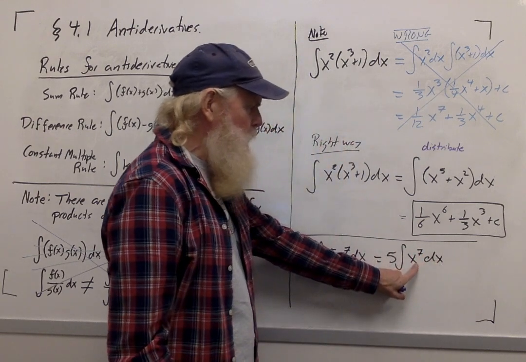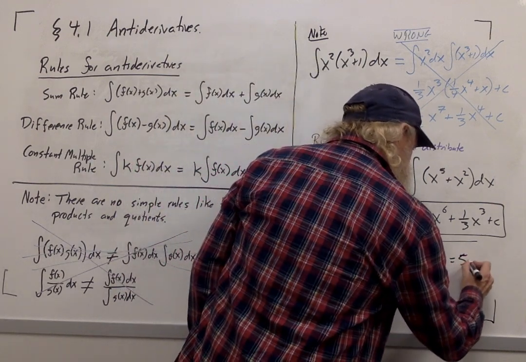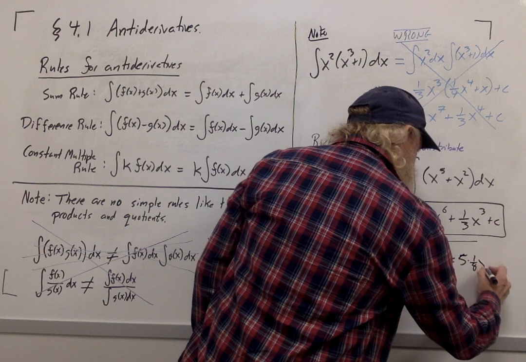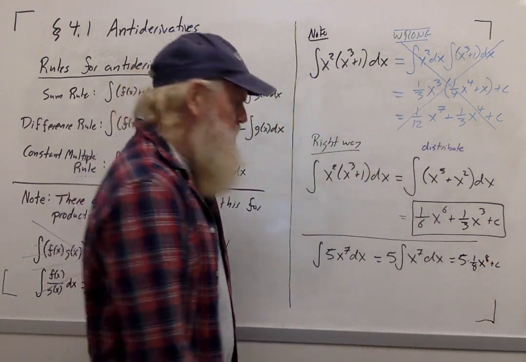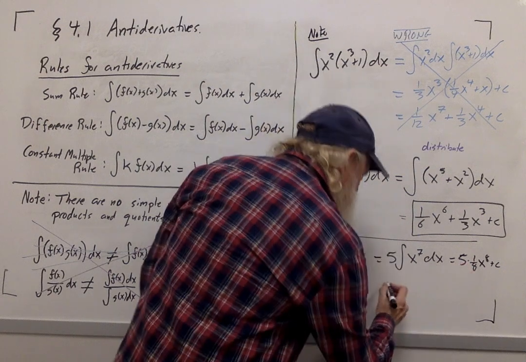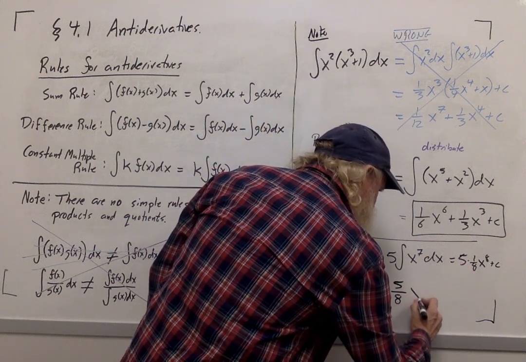Then we'd use the power rule to find the antiderivative of x to the 7th, which is 1/8 x to the 8th. And then we could simplify 5 times 1/8 is 5/8.